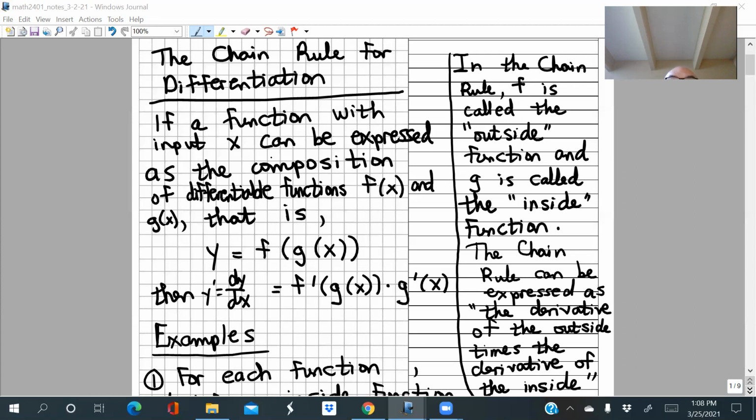So if you have a function that you can think of as the composition of two simpler functions, then you can find the derivative of that composition function by using this so-called chain rule. Okay, so now let's think back just briefly to what composition means. Remember, when you compose two functions, that means you take one function and you feed it as input to a second function.